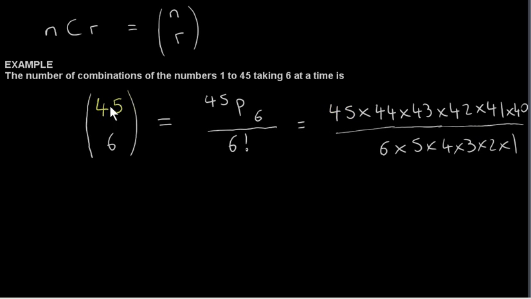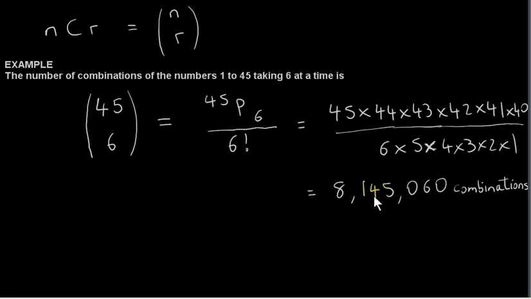So again, you see we start with 45, we multiply back towards 1, so that we have 1, 2, 3, 4, 5, 6 numbers on top, because we have 6 here. And then we have to divide by the factorial of this number, 6 factorial. So you can work this directly out in your calculator using the nCr button.